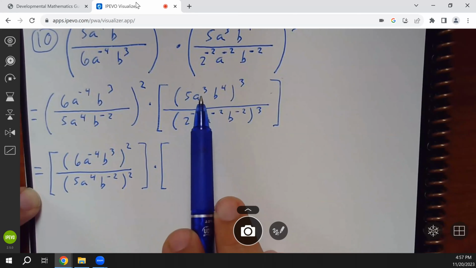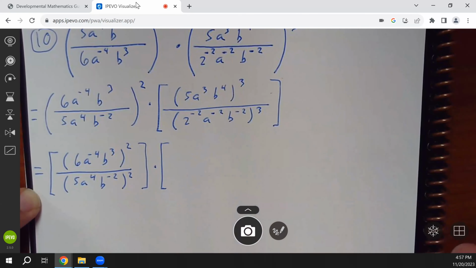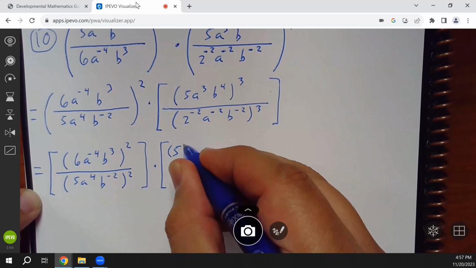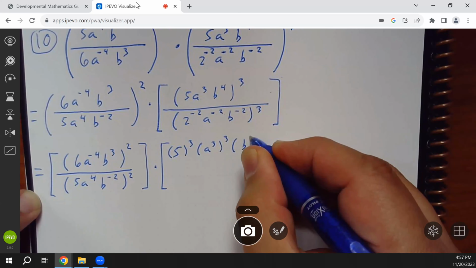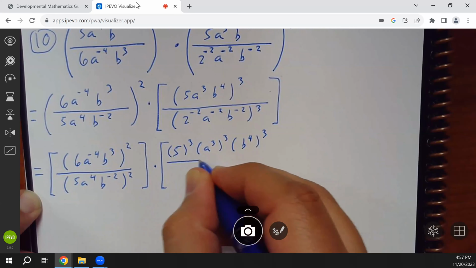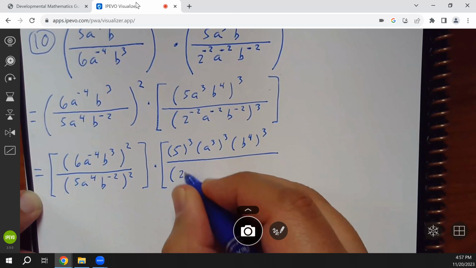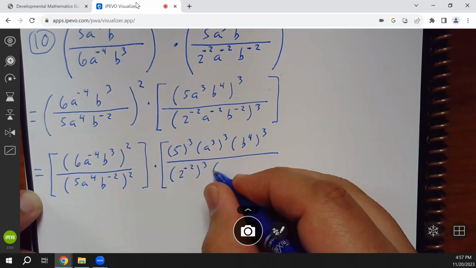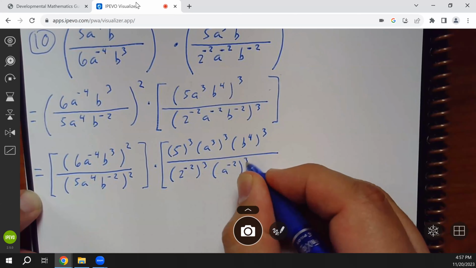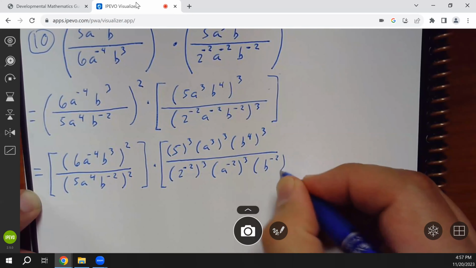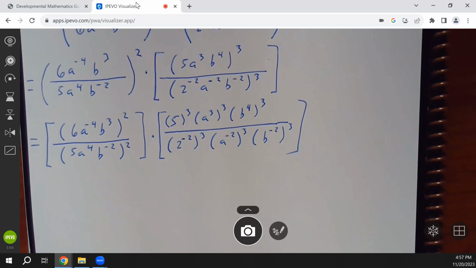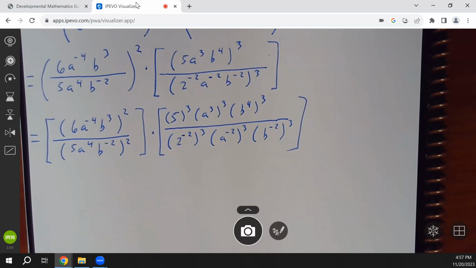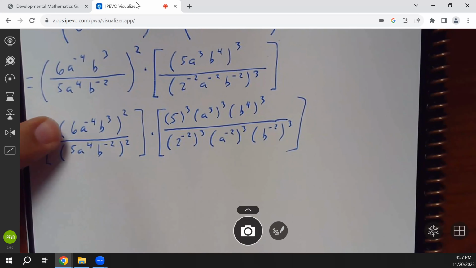The 3 on every single term here. That's still with me? Same thing for this one, right? Apply the 2 on every single one.